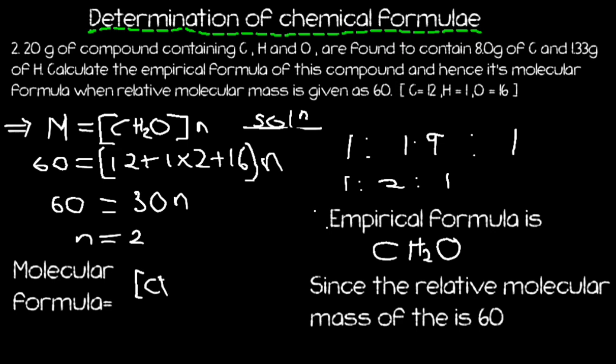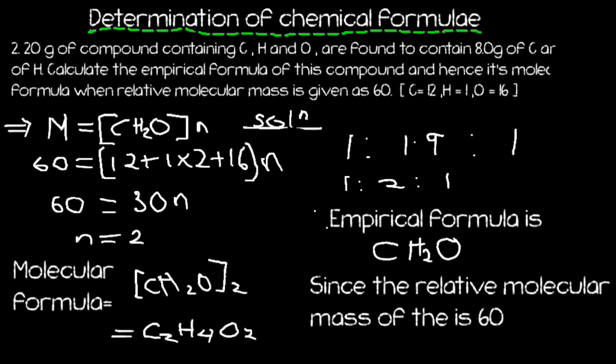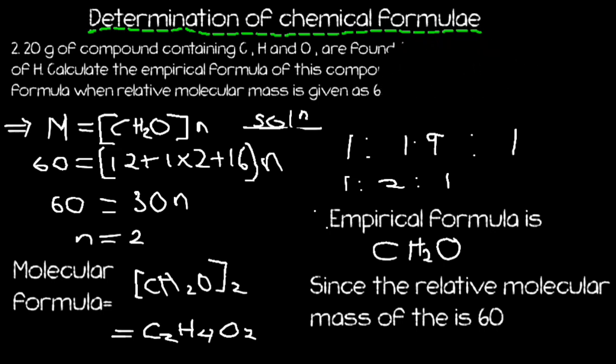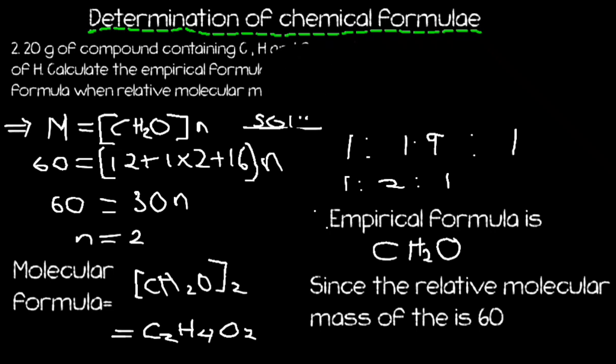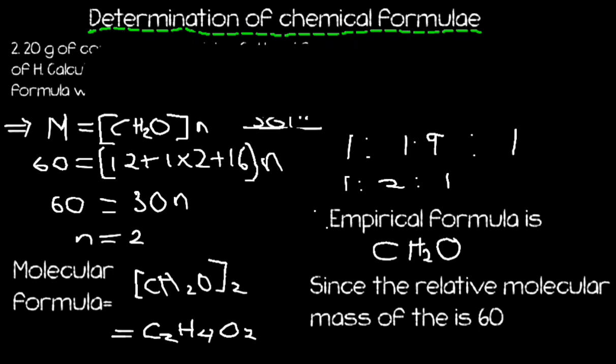So the molecular formula, which is the empirical formula times 2, is C2H4O2. This is the molecular formula of the compound. You can see that they are not the same, but sometimes you may get the same values for the molecular and the empirical formula.